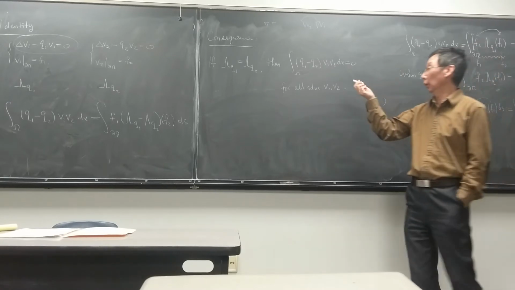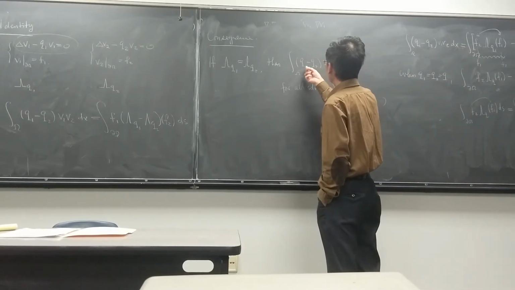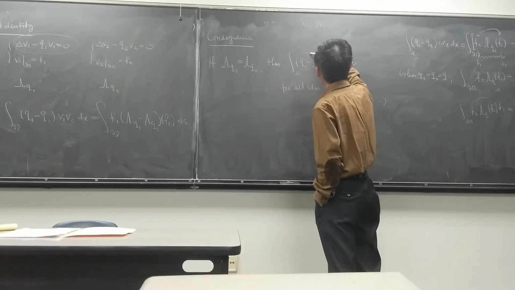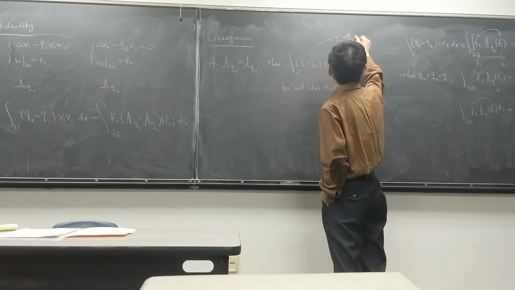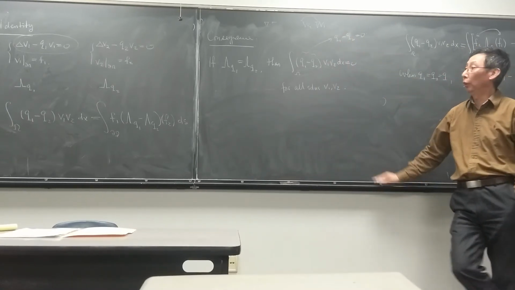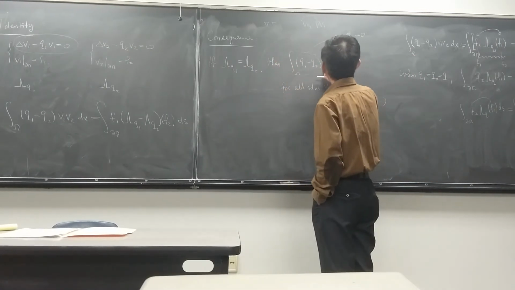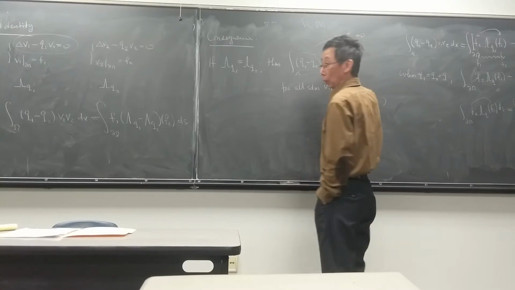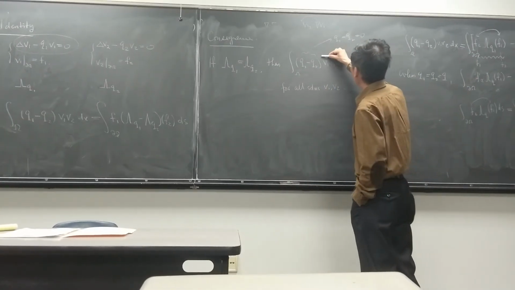So at least I get a result relating Q1 and Q2. We hope to show this will imply Q1 equals Q2. So from lambda Q1 equals lambda Q2, we wish to show that this will imply that Q1 minus Q2 equals 0. You see, here it involves the product of solutions.